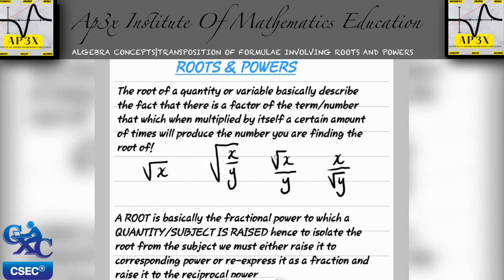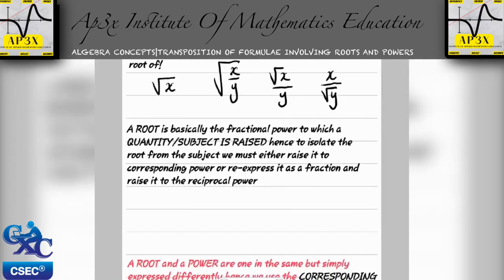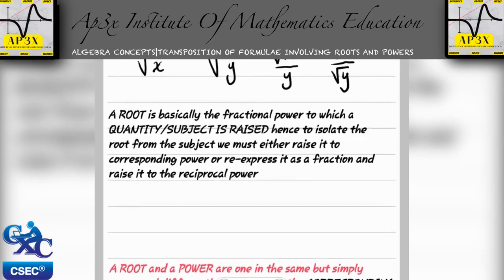Here we have the square root of the denominator, the square root of the numerator divided by the denominator, and this is the numerator divided by the square root of the denominator. So you can have any one of these combinations here, and that's what we really mean by the root of a quantity, or the root of an expression or variable.